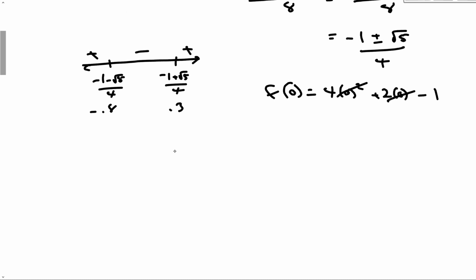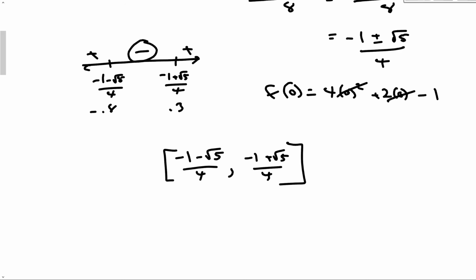So the answer to this, with a bracket, it's only negative here. With a bracket, because it says or equal to, this would be negative 1 minus radical 5 over 4, comma, negative 1 plus radical 5 over 4. So in between those two is the only place that this graph is negative. And if you wanted to use a graphing utility, you could actually figure that out too. Okay.